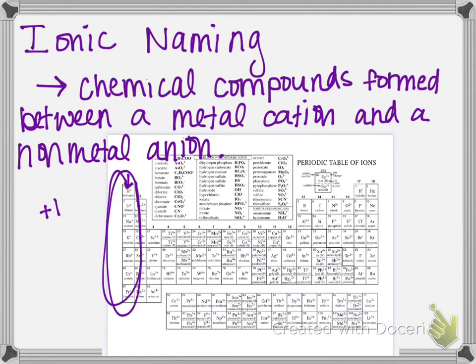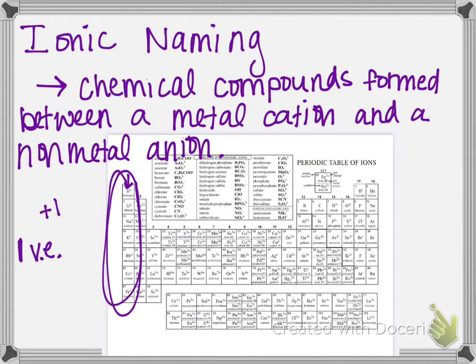And what is it that we know about the elements in group 1? Elements in group 1 all have one valence electron. We know that from last chapter, right? When we talked about the periodic table and the groups, we know that elements in group 1 have one valence electron. And we said they're more likely to give away that electron than to gather in 7 more.